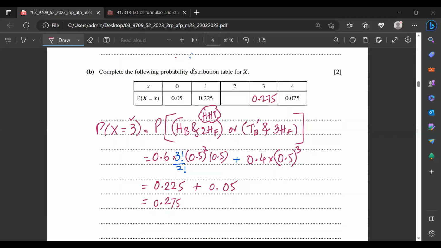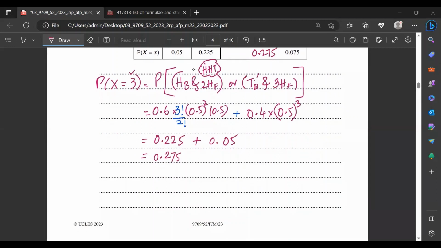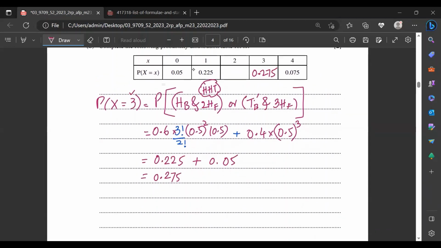So this entry is 0.275, and you don't need to do the working for the remaining, for X equals 2. Therefore, the probability of X equals 2 is 1 minus the sum of the rest: 0.05 plus 0.225, plus 0.275.